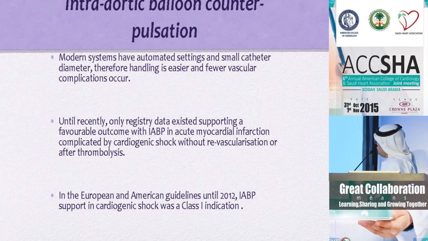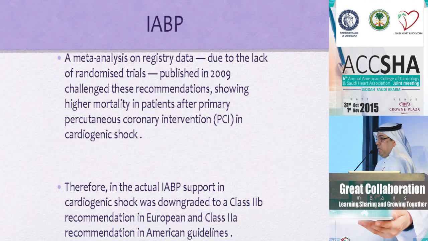There are a couple of registries which were supporting the use of the intra-aortic balloon. I guess one of the biggest was the GUSTO-1, and then came the SHOCK trial, and the SHOCK trial showed us that yes, people who got the intra-aortic balloon did better versus the people who did not get the intra-aortic balloon.